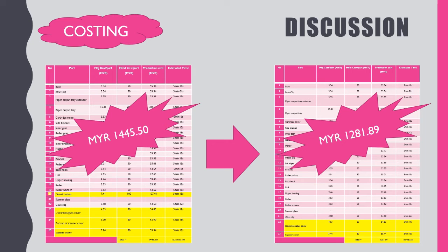This might be caused by the modification of the parts, which is the on off button that we combine and attach to the document cover. And then the bottom of the scanner cover, we combine the design into the scanner cover. And then the different costing is achieved, which means we decreased the production cost.